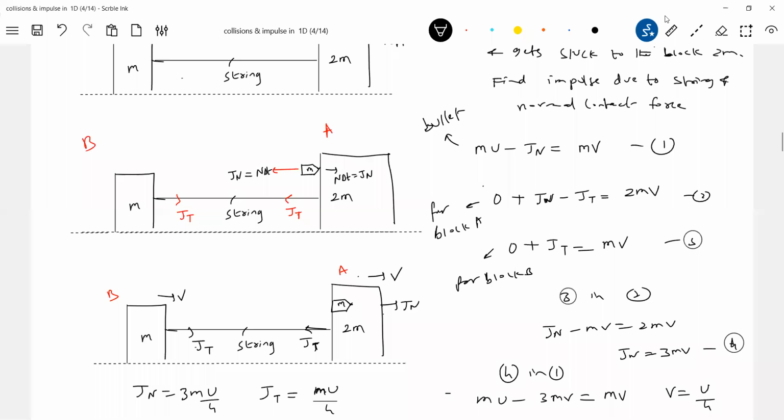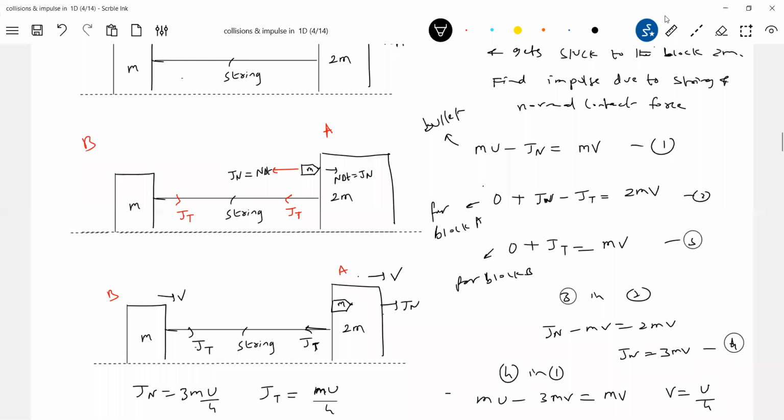This is the overall sequence that will happen here. We are discussing the problem just after the impulse is set up. Which impulse will be set up first: the normal impulse, impulse due to normal contact, or impulse due to tension? First normal contact, because the bullet should come and collide. For how long will the Jn act? As long as the bullet is moving inside the block, the Jn will be acting.